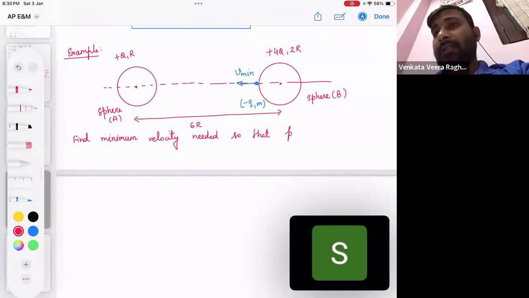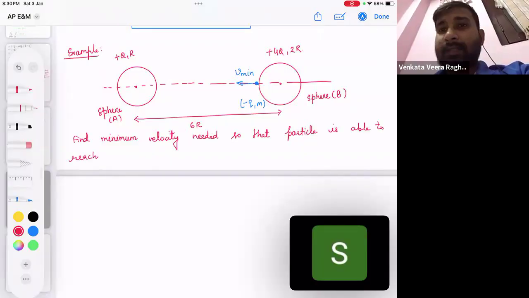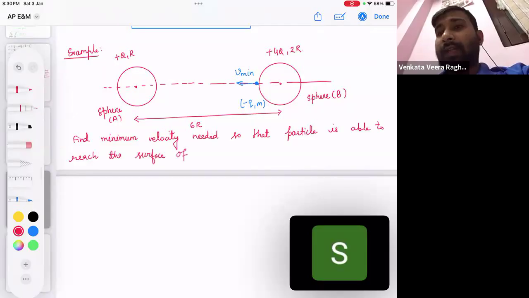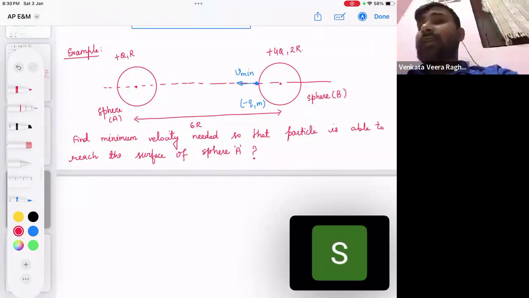so that the particle is able to reach the surface of the other sphere, or the surface of sphere A. Understood the question? What is the minimum velocity I should give so that it will be able to reach sphere A from sphere B?